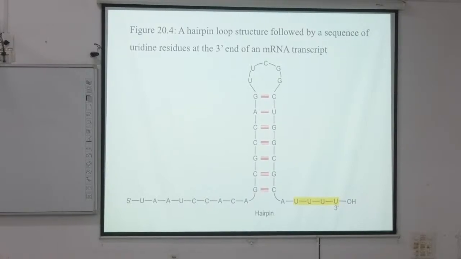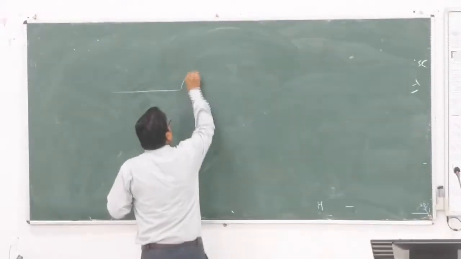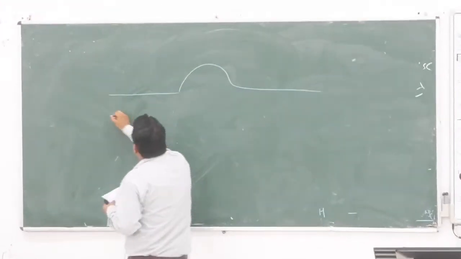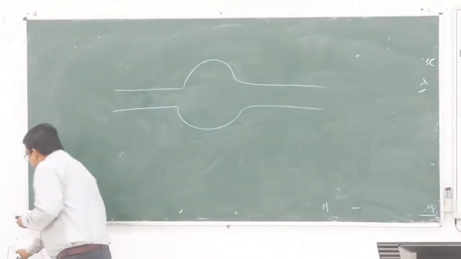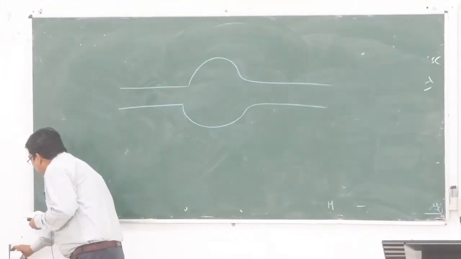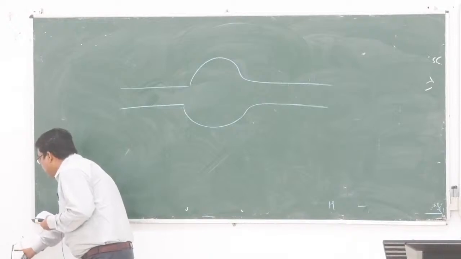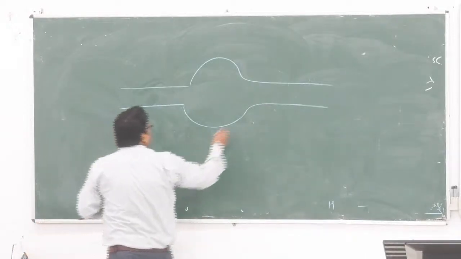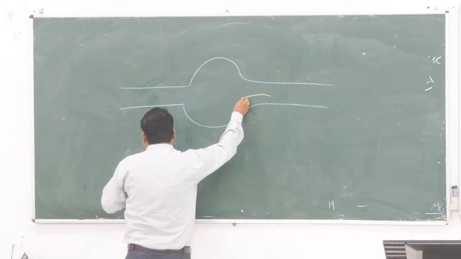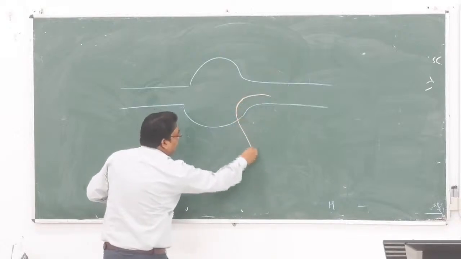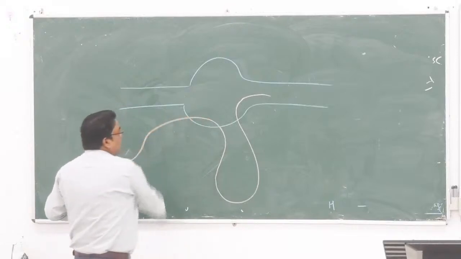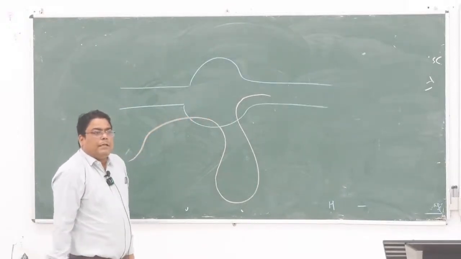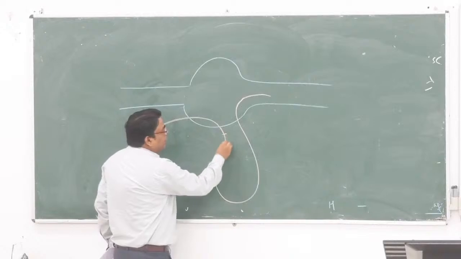We understand this very easily with this diagram. It is simply an open complex which is formed by RNA polymerase enzyme. And there is newly synthesized RNA, which forms this hairpin loop structure, which has nucleotide base pairs.